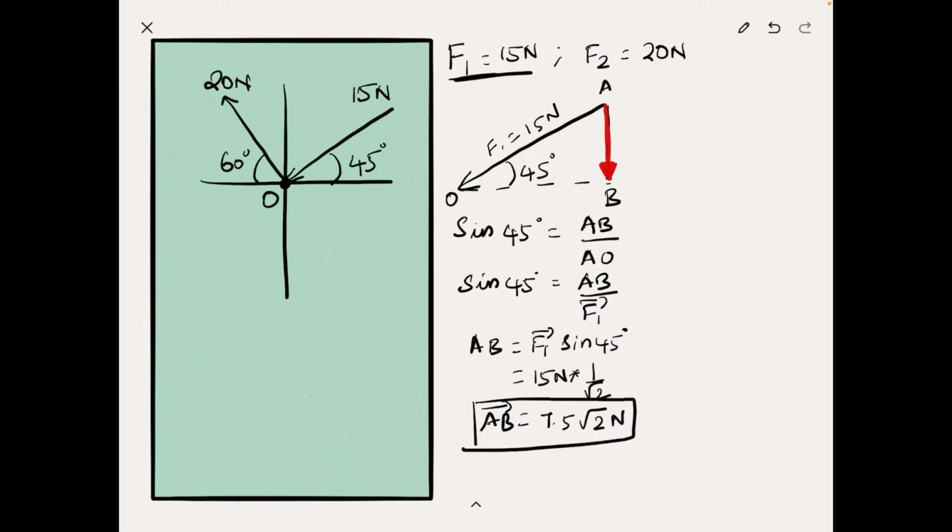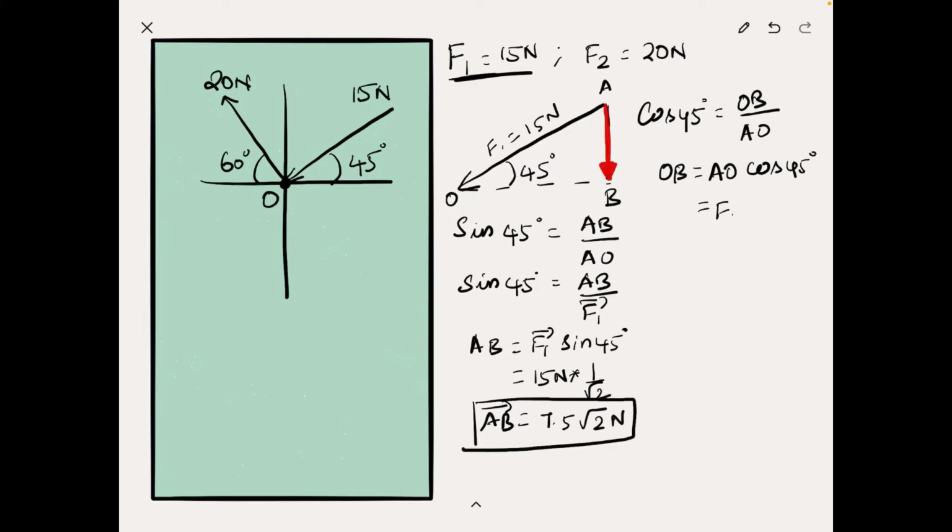So to do that, we would need to calculate cos of 45 degrees, which would be OB divided by AO.